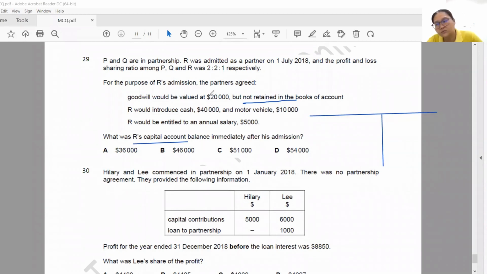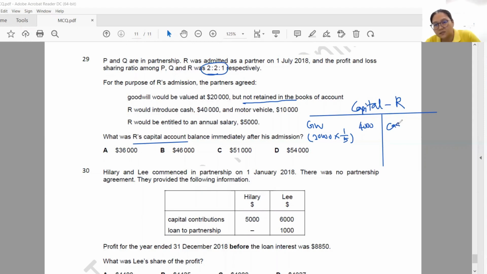Goodwill not being retained means we write off goodwill against R's capital account. We take 20,000 times 1 over 5, because the total is 5, so here will be 4,000.